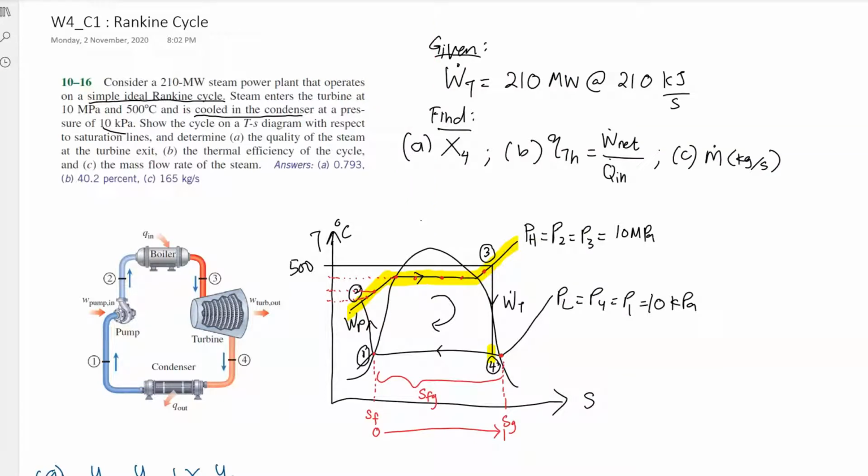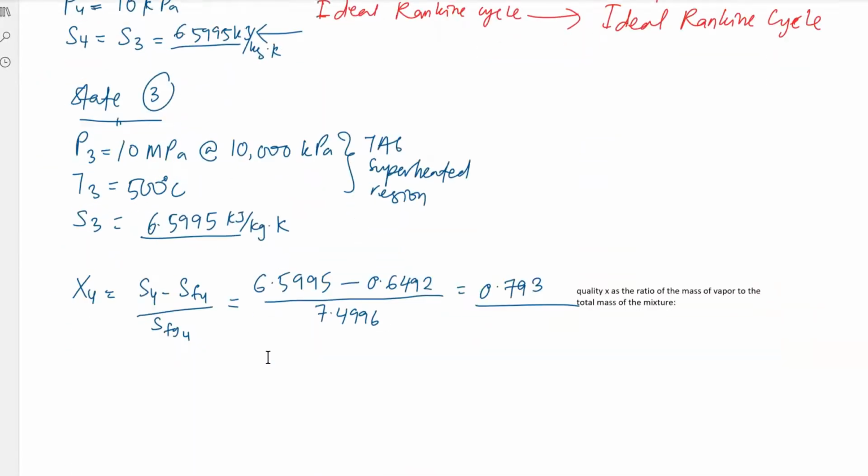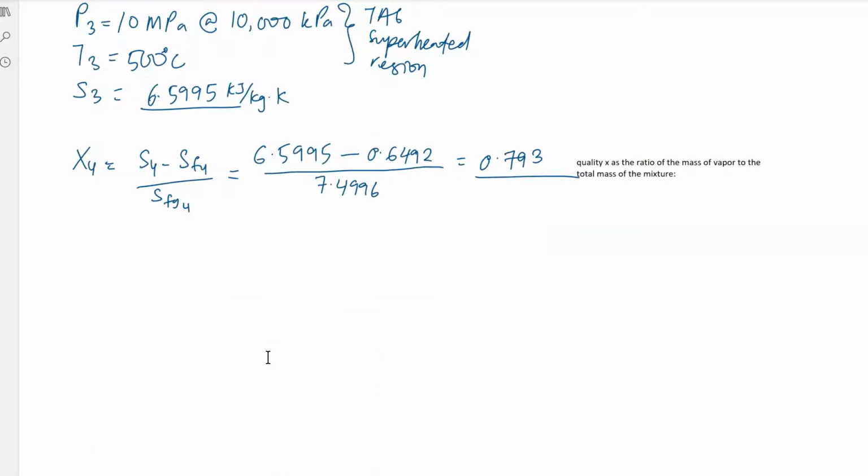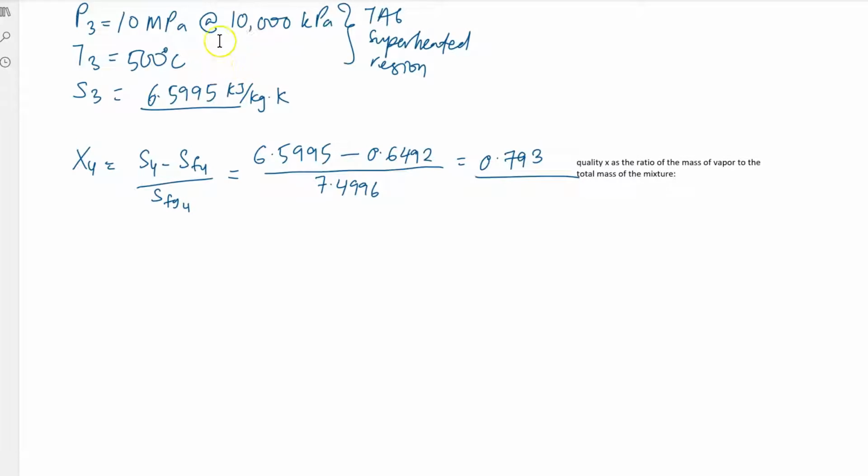Okay, so we are moving to the next part of the video where we're trying to solve for the thermal cycle efficiency. Let's begin by stating down the mathematical expressions.